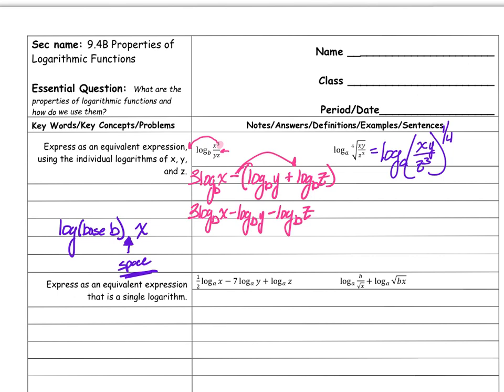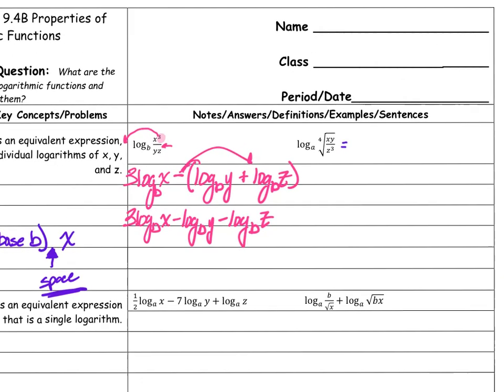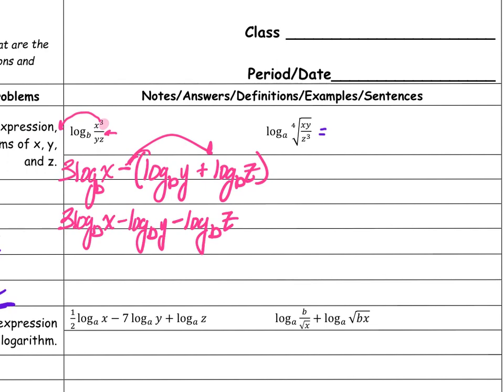I wrote that way too big, so sorry you guys, I'm going to erase it and rewrite it so it's more legible and fits in my space a little better. Log base a of x, y, z to the third, all to the 1/4.